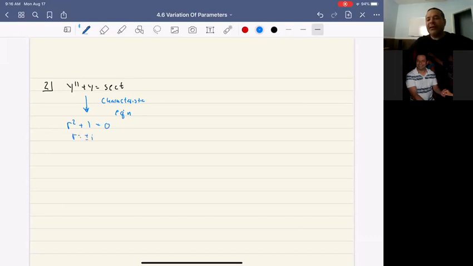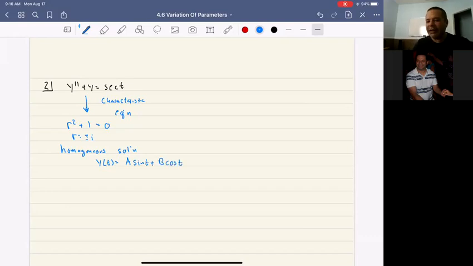So that means that our homogeneous solution is y of t equals, let's use a sine of t plus b cosine t.